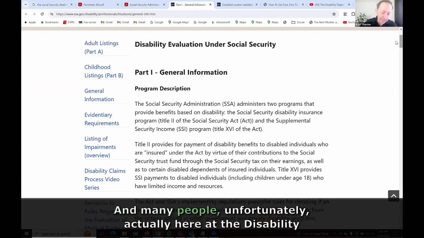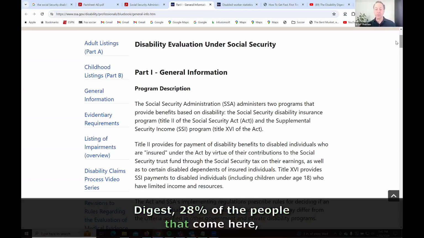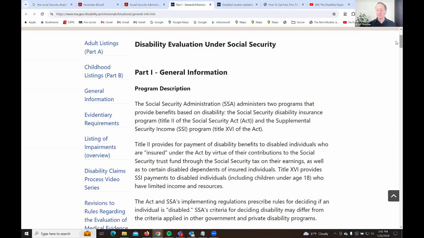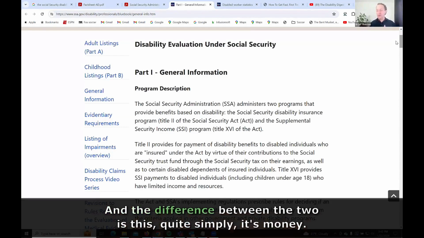And unfortunately, 28% of the people that come here to the Disability Digest, we're not able to help get their Social Security disability benefits. And so they would have to go to an SSI program or welfare. And the difference between the two is, quite simply, money.